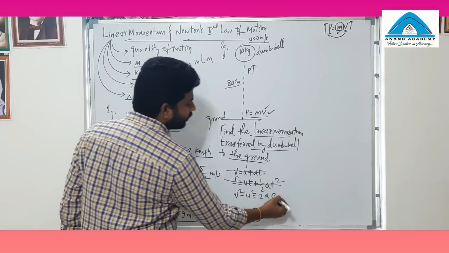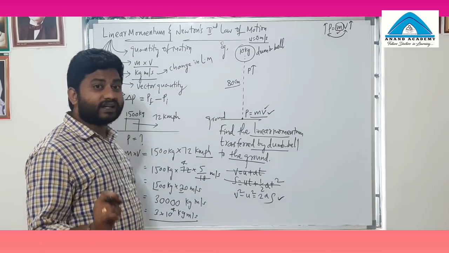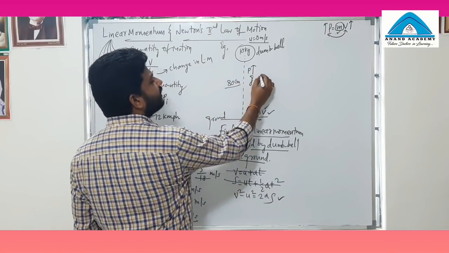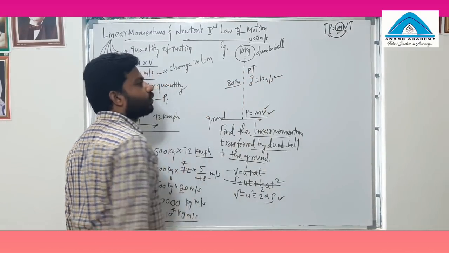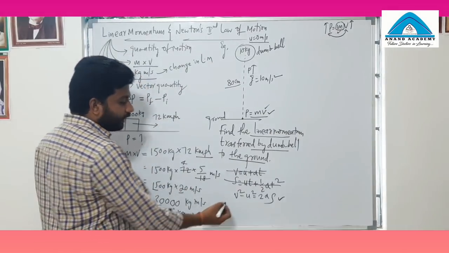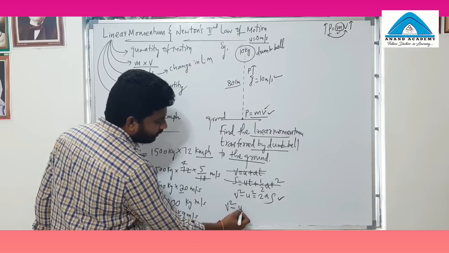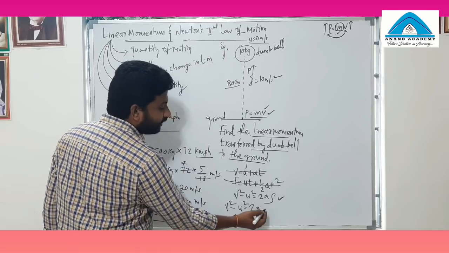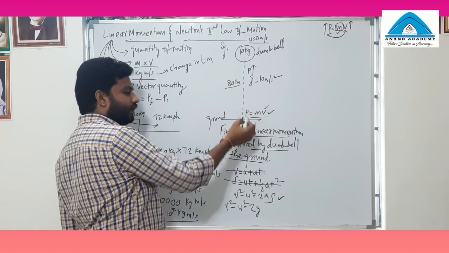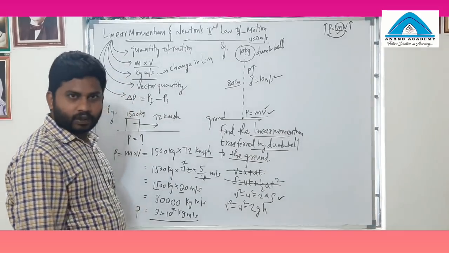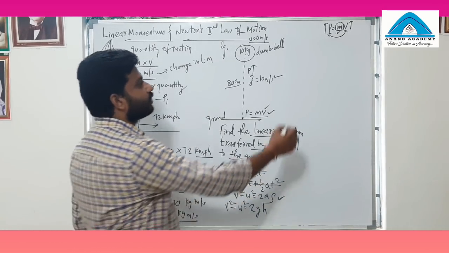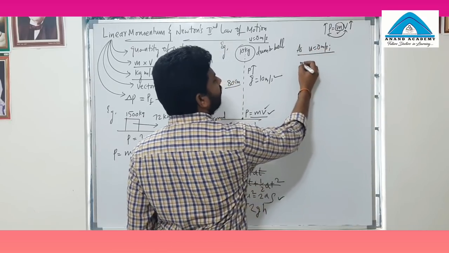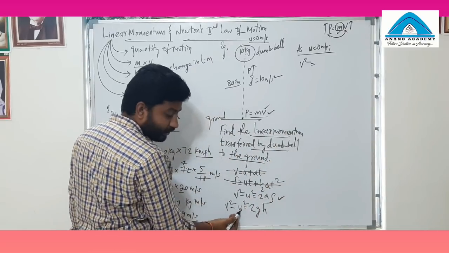So this is the equation suitable for us to find V, because they have clearly given in the question, take G value as 10 meter per second square. This equation can be written as V square minus U square is equal to 2 into acceleration due to gravity G into S, where the distance covered from here to here is H. As initial velocity is 0 meters per second, U square becomes 0.